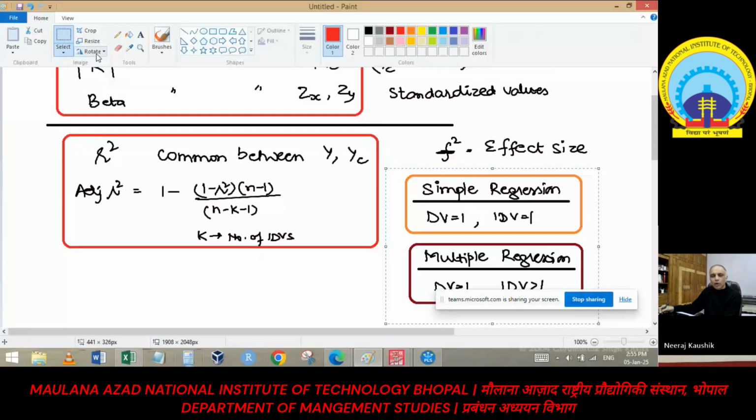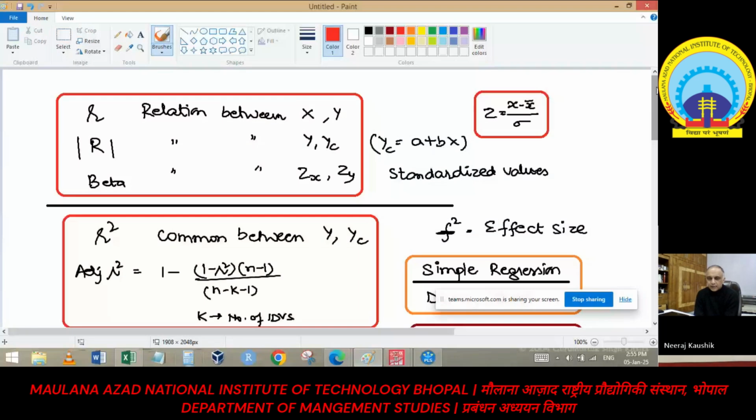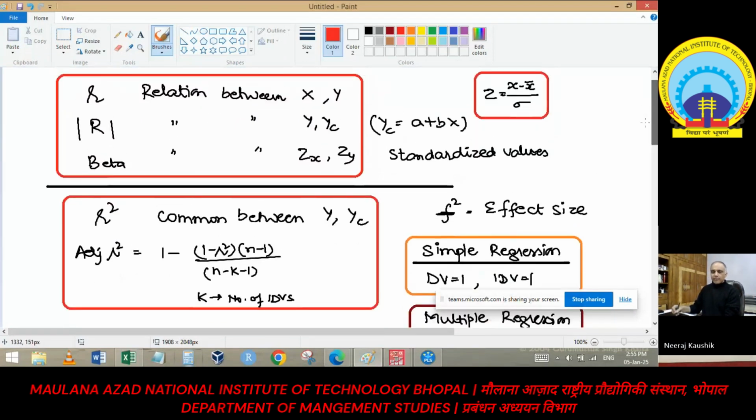At the same time, there are people who are wondering what is a variable, how to write the hypothesis. Well, as one genius of your generation, Phunsukh Wangdu, has said, knowledge is free, just get the knowledge. So try to make sense, but better if you attend some lower level workshop first. It's a higher level workshop, level 5 workshop you are in. These are the stuff of the level 2 workshop, which I'm discussing. What is R, what is beta, what is simple regression, what is multiple regression, etc.